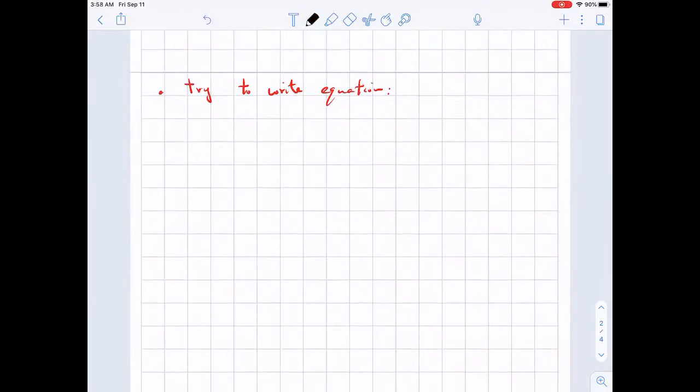So from reading, x plus y is equal to 26. Okay? Because this says the sum of two numbers is 26.